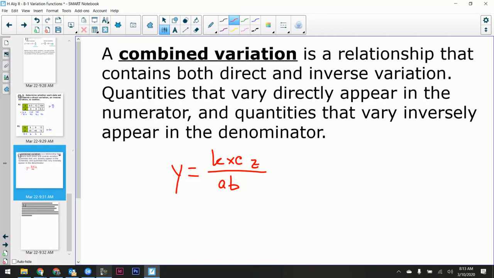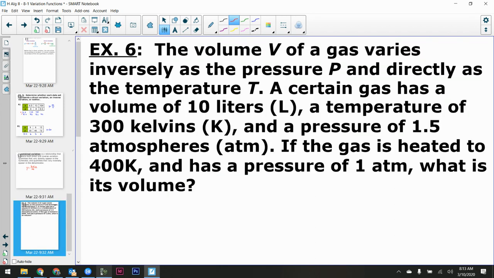I'm just filling in random letters. I'm not saying this is a whole rule or equation. All I'm doing is putting direct and inverse together. Now you have to label it. Try to make this equation.